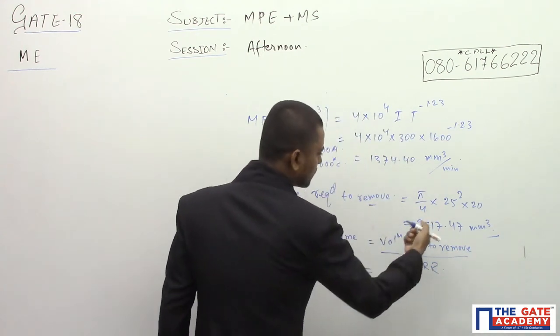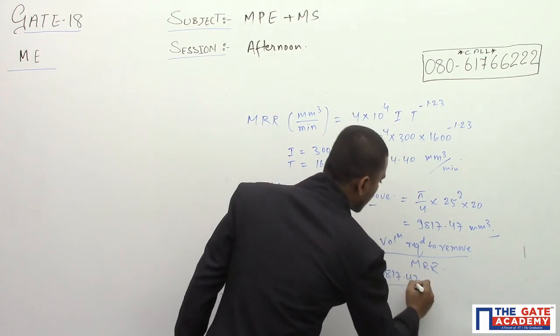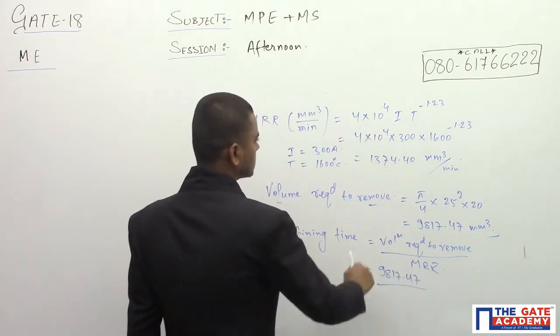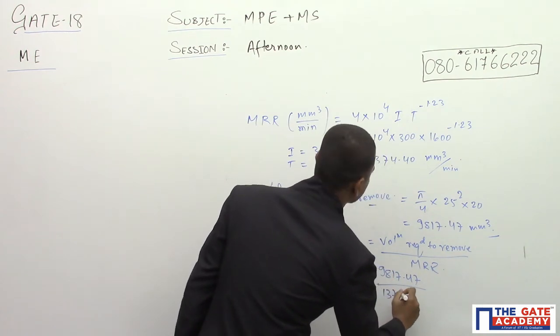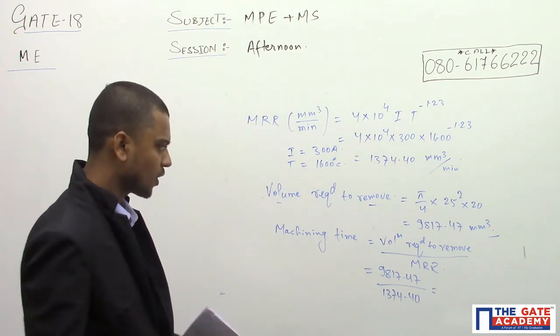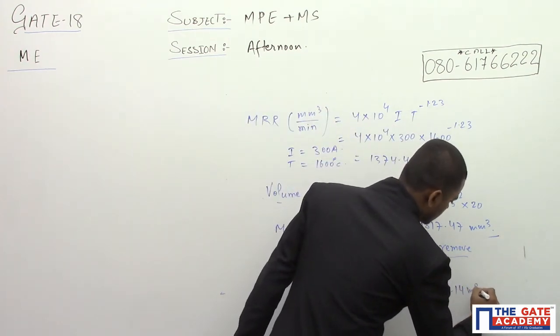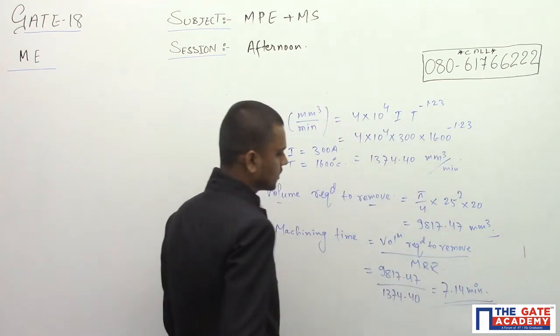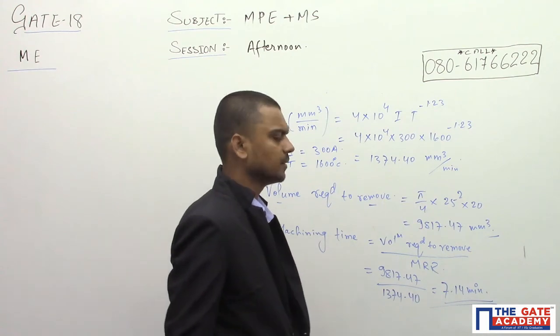So the volume required to remove is 9817.47 upon the MRR 1374.40. So you will get 7.14 minutes. So this much time is required to remove this material.